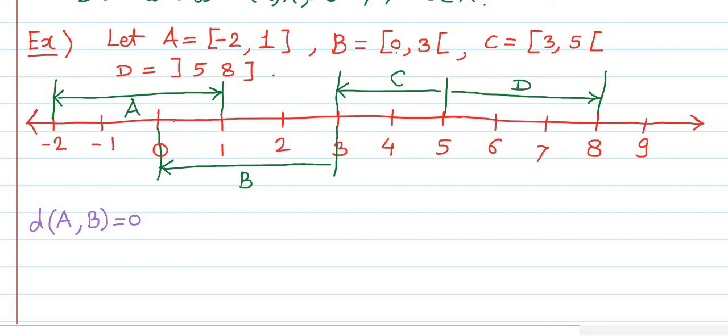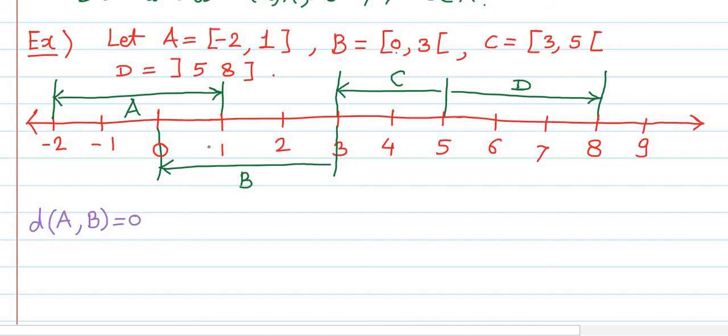So the distance of 0.3 of set A from the 0.3 of set B will obviously be 0. Similarly, sets A and B also have 1 as a common point. Therefore, the distance of point 1 of set A from the point 1 of set B will be 0. Actually here sets A and B have infinitely many points in common.